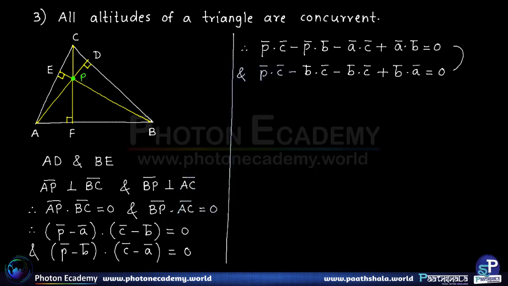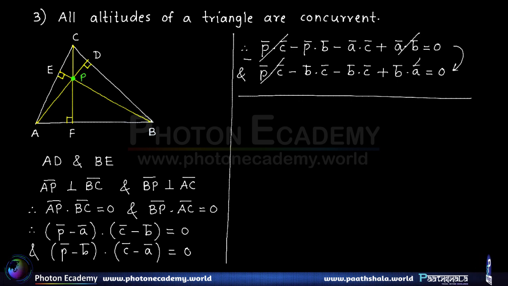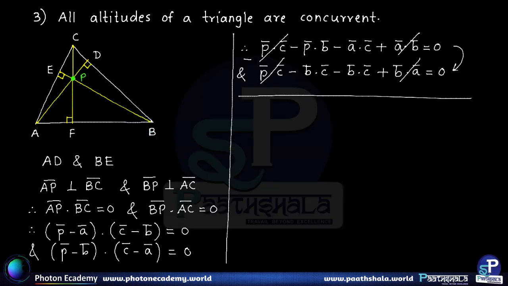Now we subtract the second equation from the first equation. The term P dot C gets cancelled as well as A dot B, since A dot B is the same as B dot A because the dot product is commutative.